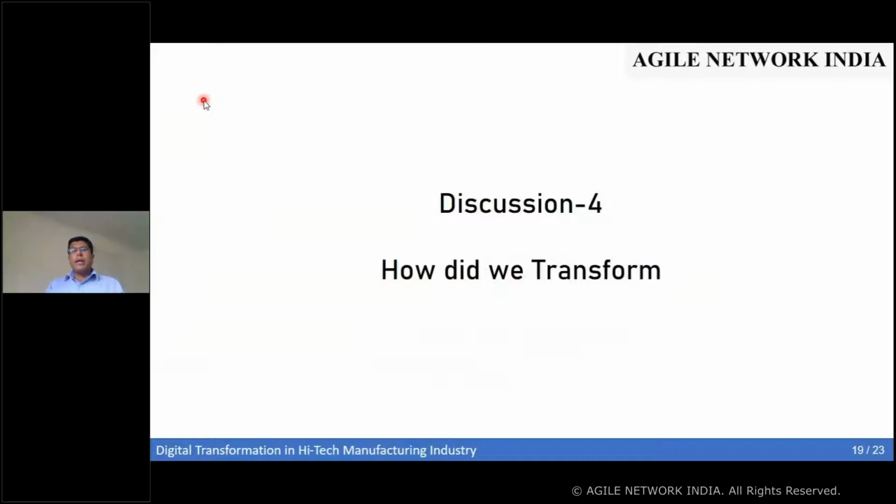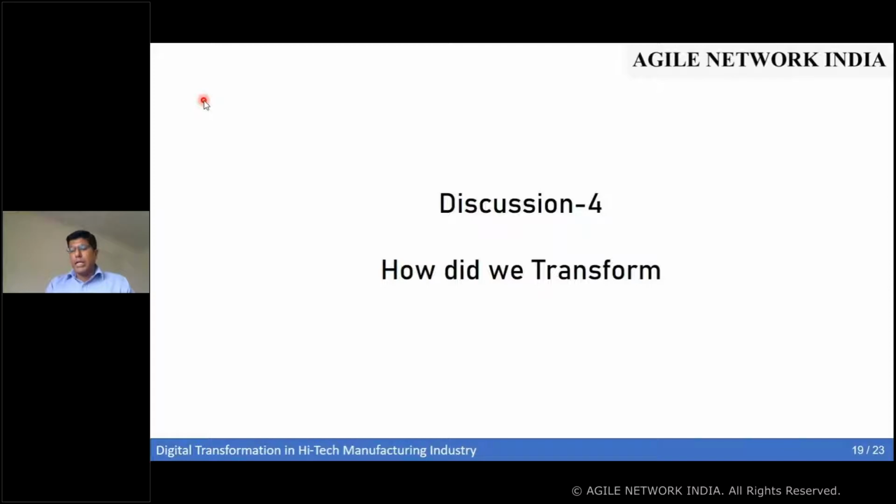We have limited resources, so we have to be very careful where we invest them. In the third discussion, we talked about the prerequisites for digitalization, which need to be ensured before we initiate. So now let us go to our discussion four.